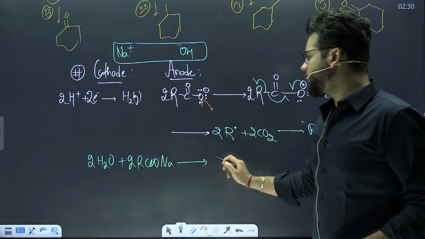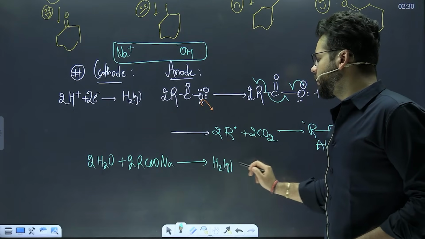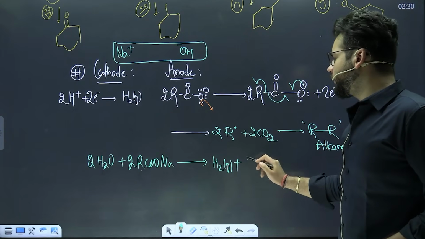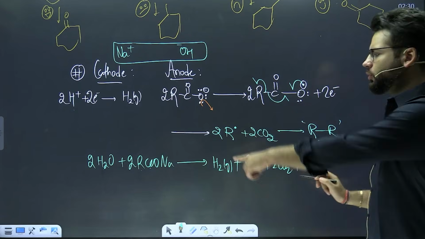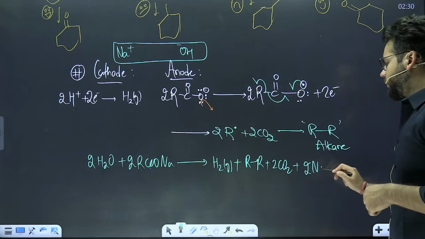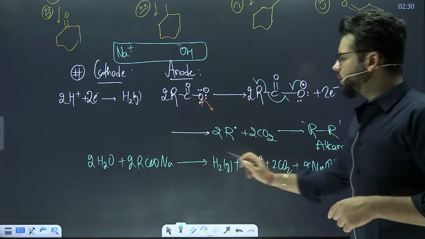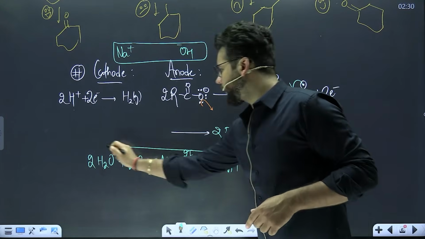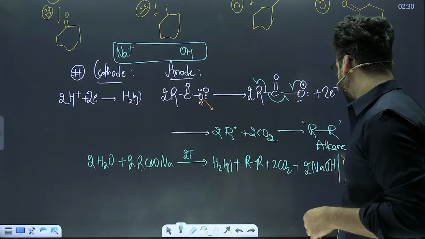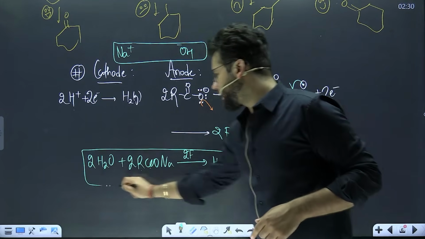H plus becomes H2 gas, 2RCOO becomes R-R and 2 moles of CO2, and 2 sodiums and 2 hydroxides become 2 NaOH. Overall, this reaction uses 2 Faraday of charge, because the 2 electrons got cancelled out.